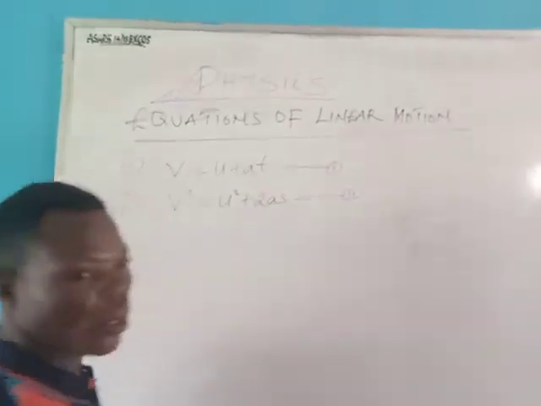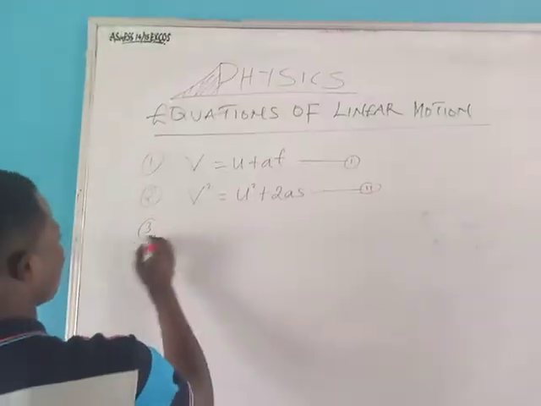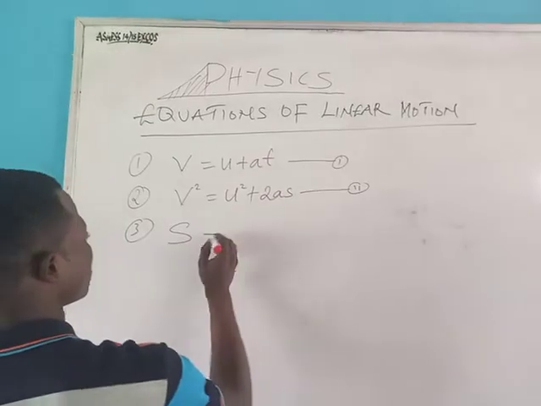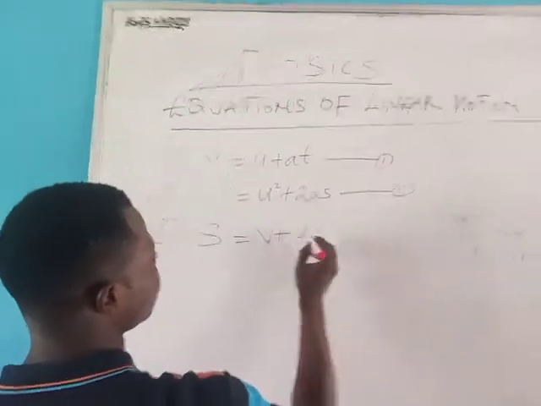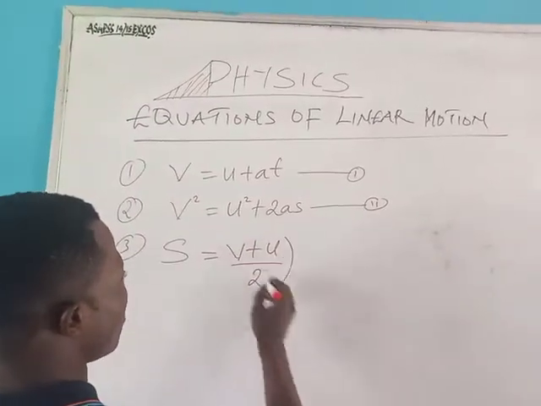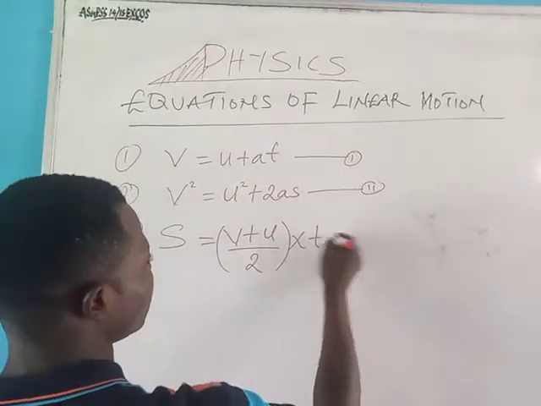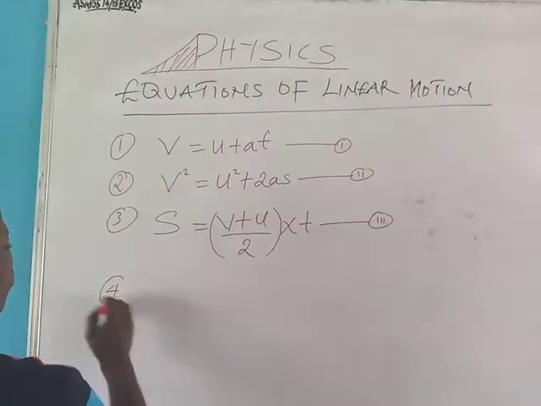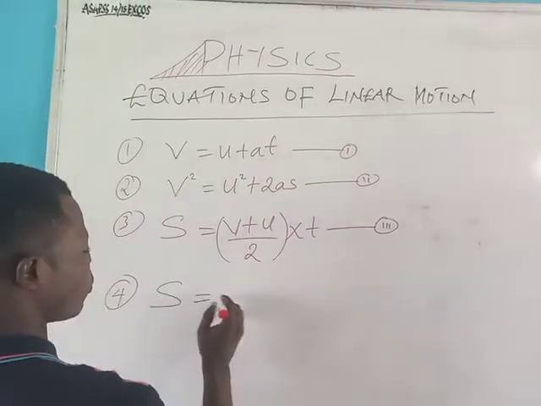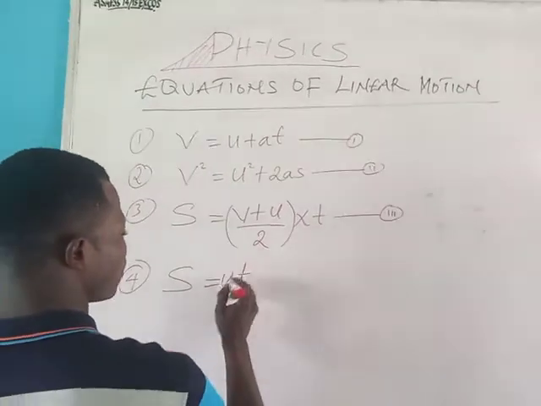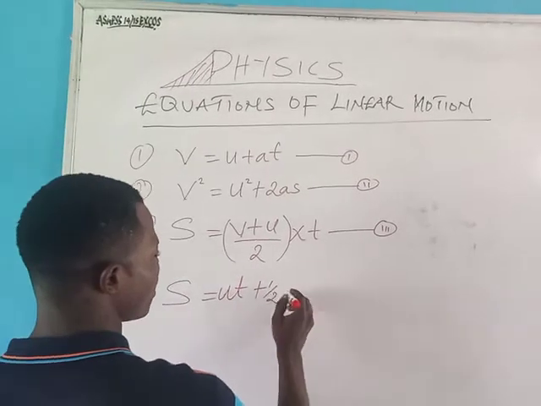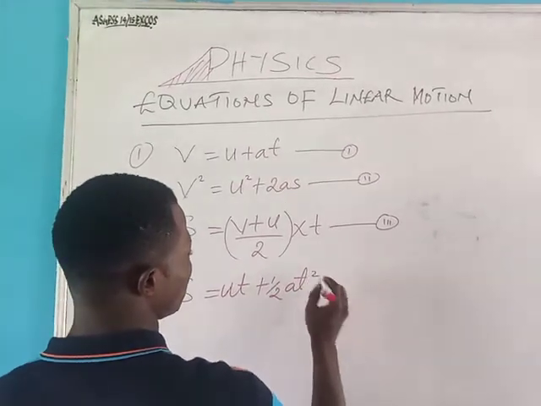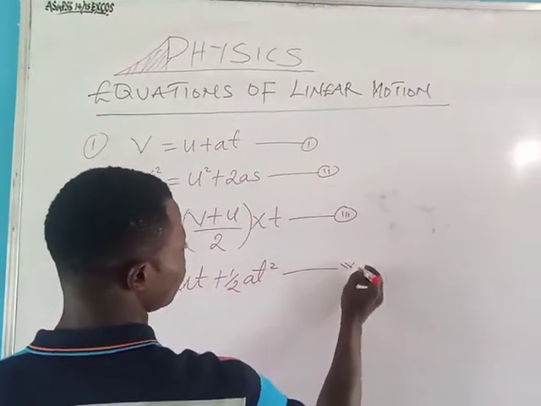Let's call this equation 2. Number 3, X is equal to V plus U all over 2, everything times T. Let's call this equation 3. And the number 4 is X equal to UT plus half AT square. Let's call this equation 4.